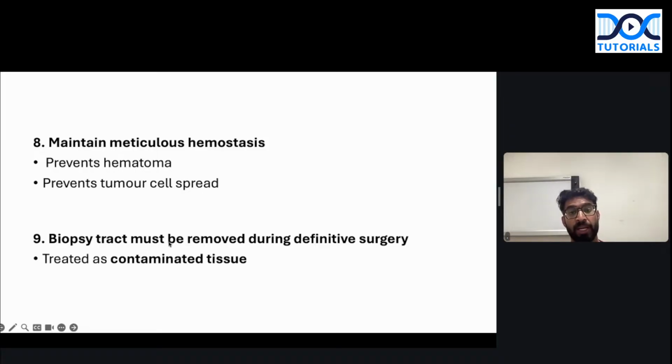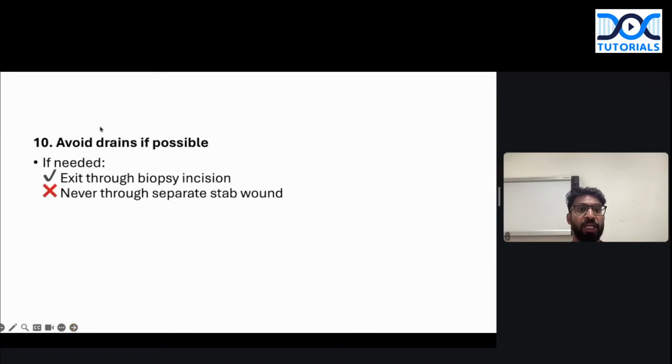The biopsy tract must be removed in toto during the definitive surgery, as we have already discussed, because that tract might have tumor cells as well. Drains should be avoided as much as possible, but if it is a very extensive biopsy, then yes, we can put a drain. But in the majority of cases, try to avoid the drain.